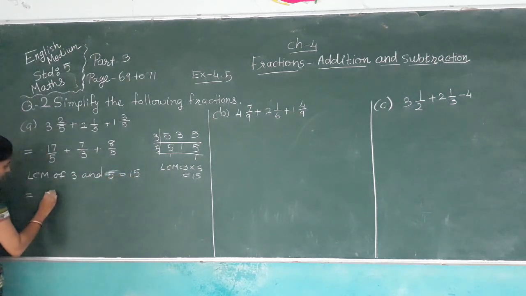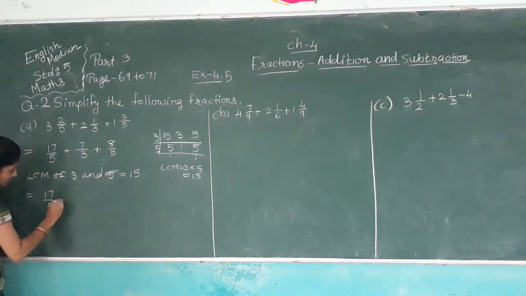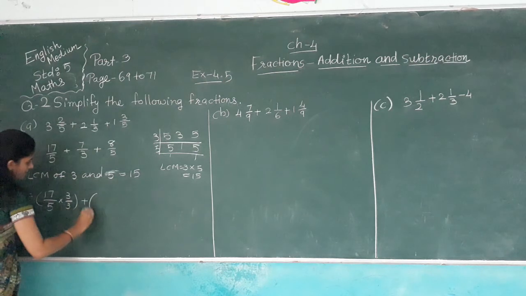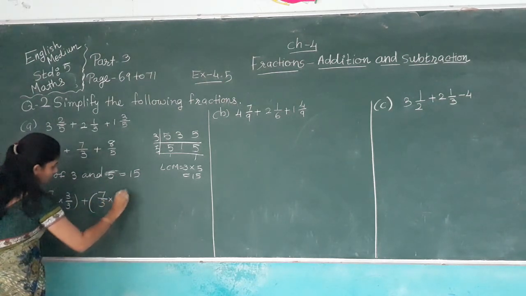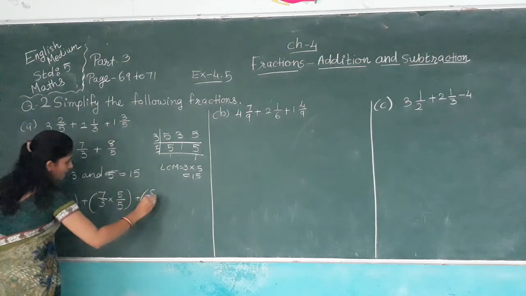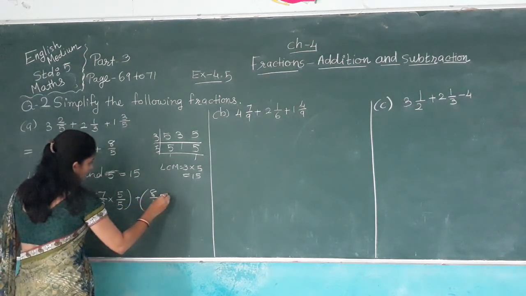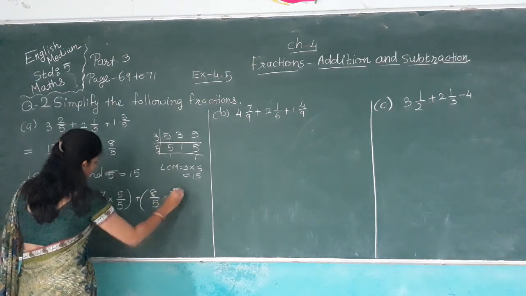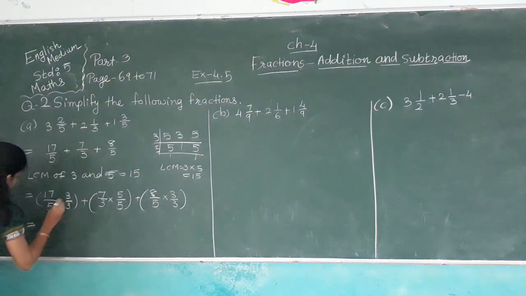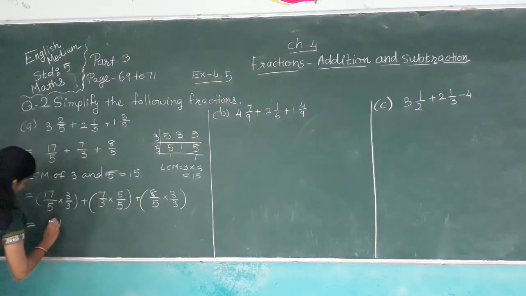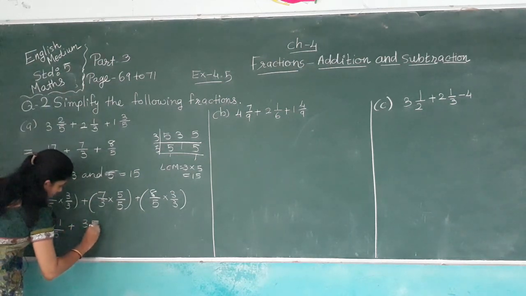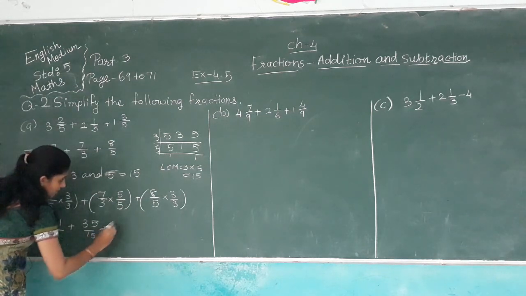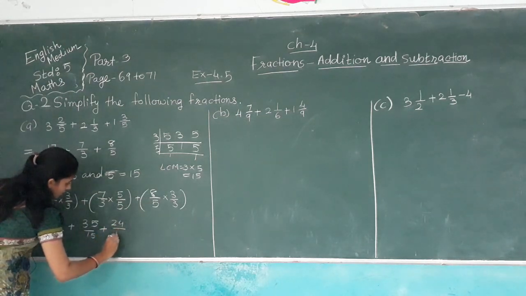Now 17 out of 5 multiplied by 3 out of 3 plus 7 out of 3 multiplied by 5 out of 5 plus 8 out of 5 multiplied by 3 out of 3. 51 out of 15 plus 35 out of 15 plus 24 out of 15.